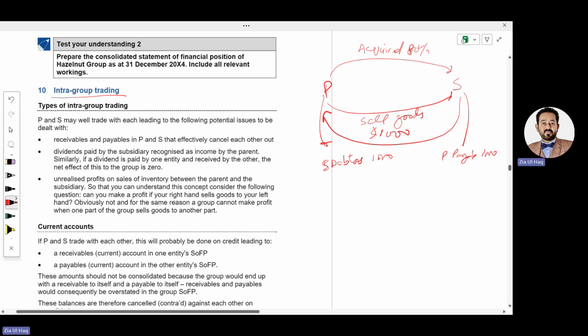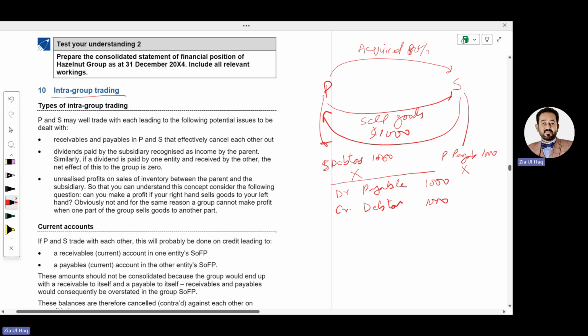While preparing consolidated financial statements, we need to eliminate these figures. How can we eliminate the debtor? By crediting the debtor. And how can we eliminate the subsidiary's payable? By debiting the payable.